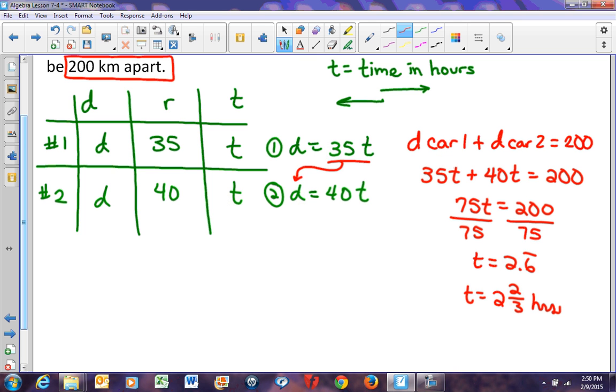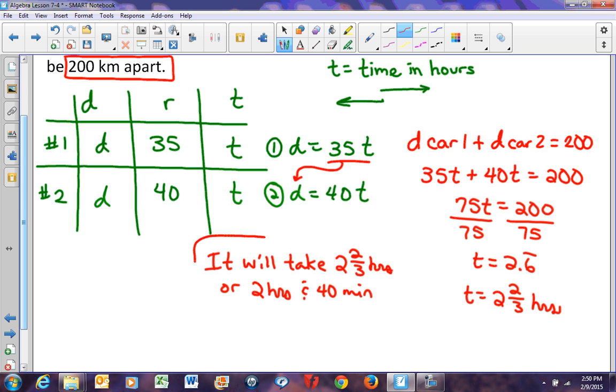Okay. So it will take 2 2/3 hours, or 2 hours and 40 minutes. That's one distance rate time problem.